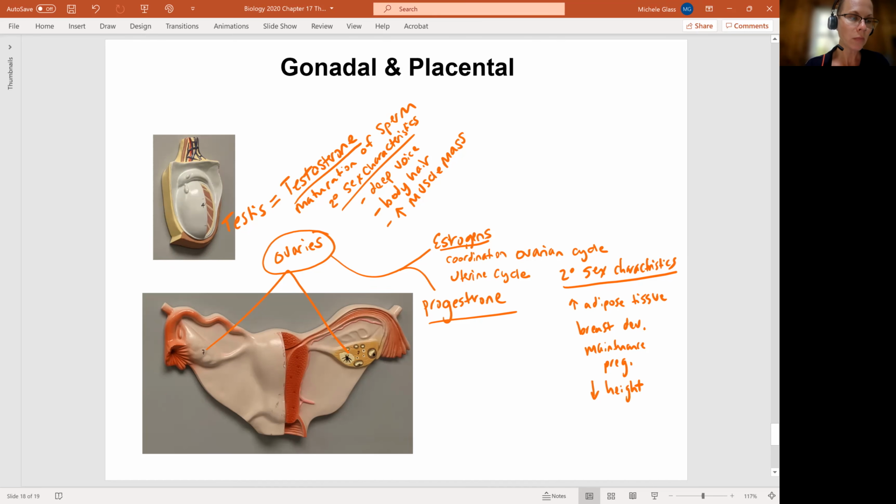testosterone. When we talk about progesterone, this is really going to be involved in regulating the uterine cycle, or what you can call the menstrual cycle, and then also maintaining pregnancy.